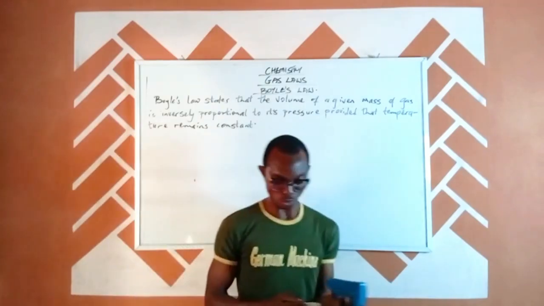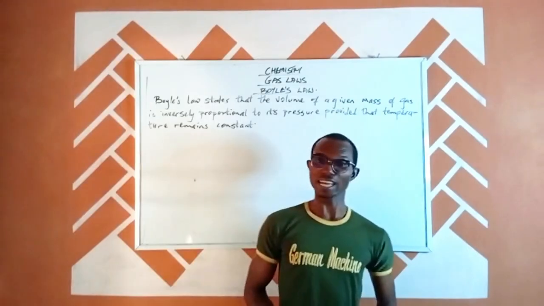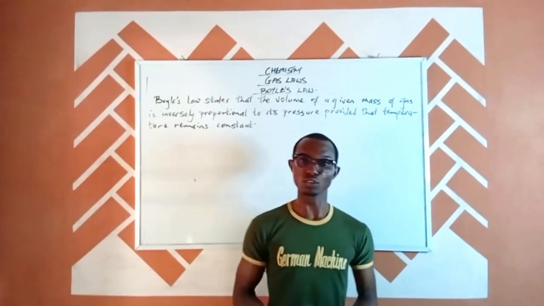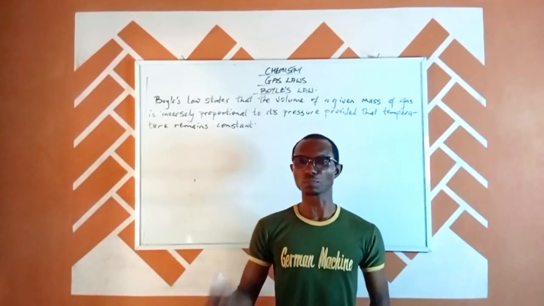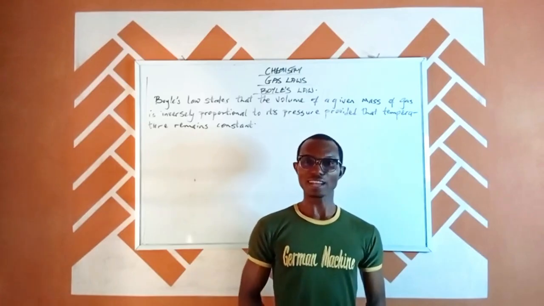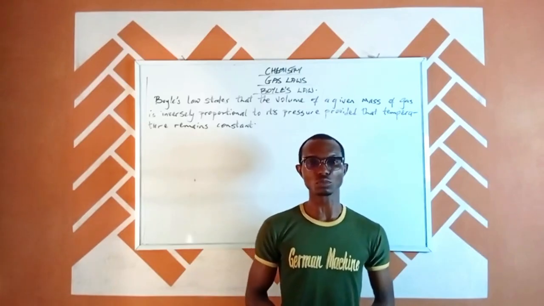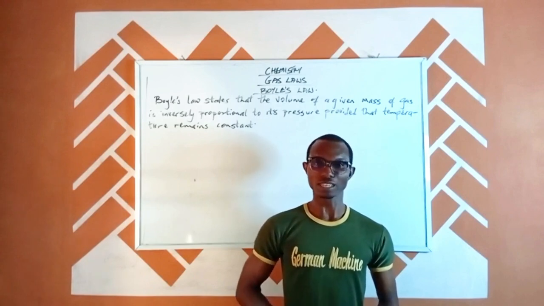Yes, that is what Boyle's law was able to tell us. He said that at every time that we have volume, the volume of that gas will be inversely proportional to the pressure of that gas. And so that was the relationship that Boyle was able to bring about, talking about gas laws.